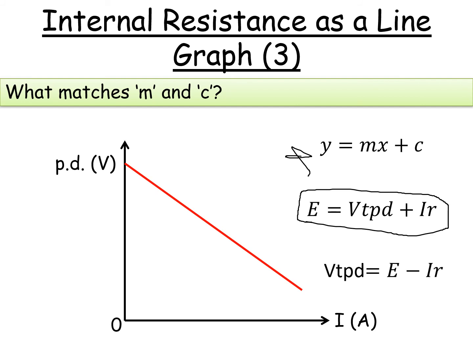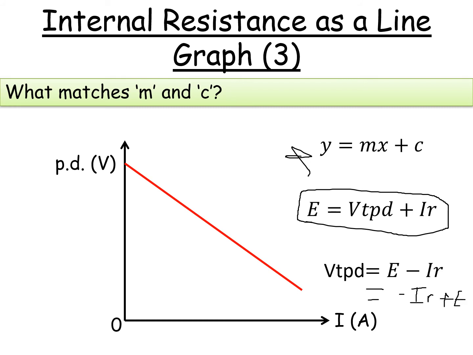VTPD matches with Y, E matches with the Y-intercept, and IR matches with MX. Now, I've written it in a form where it's E minus IR, but I could also write it as minus IR plus C. That's perfectly fine as well, but I thought it looks a bit neater this way.